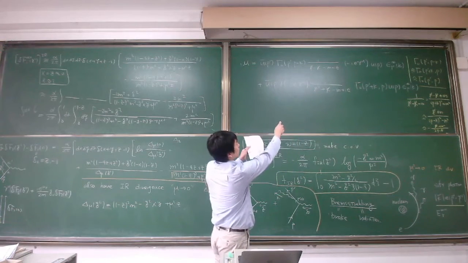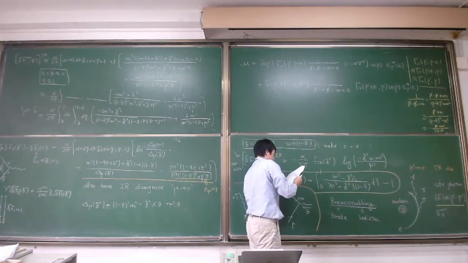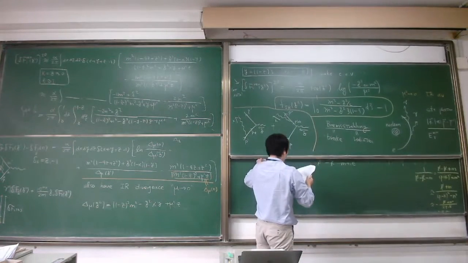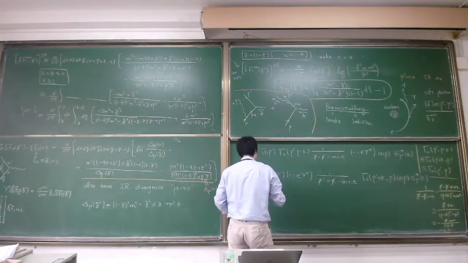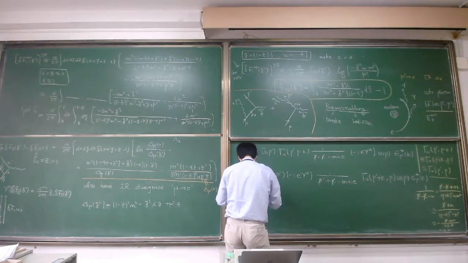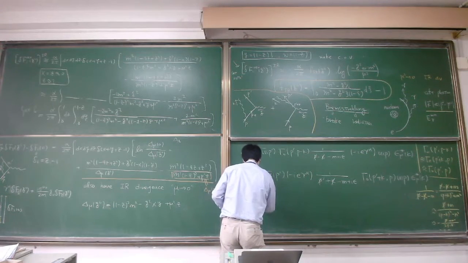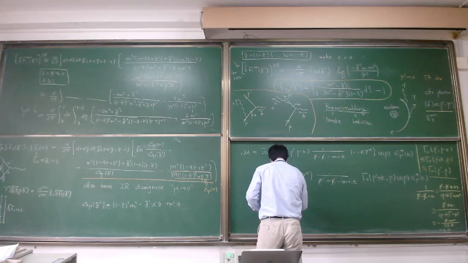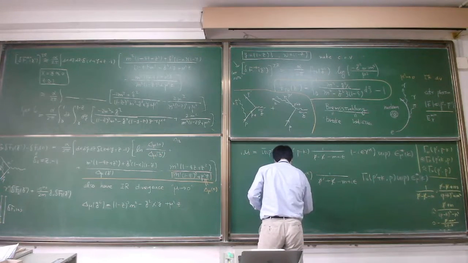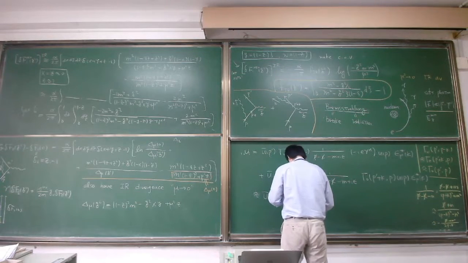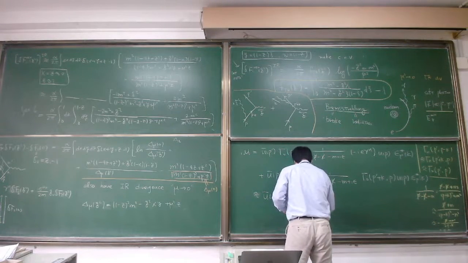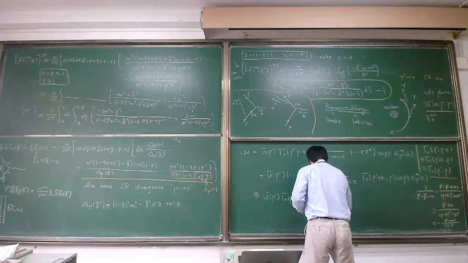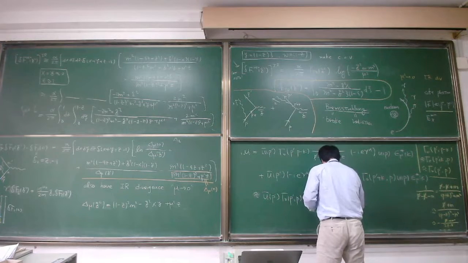And plug that one into here. And then what we have is going to be a very simple expression, u bar, gamma 0, p prime, p.